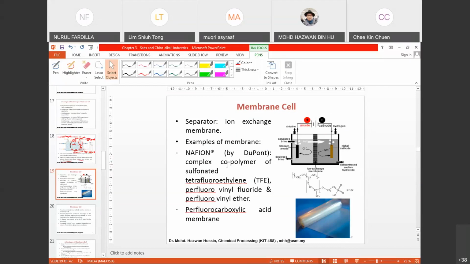Other types of membrane separator can be a complex copolymer of sulfonated tetrafluoroethylene (TFE), perfluorovinyl fluoride, and perfluorovinyl ether. Other than that, you can also have perfluorocarboxylic acid membrane. So these are examples of membranes commonly used for the membrane cell.